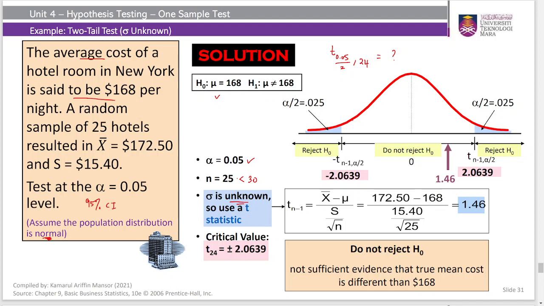Okay. So based on this information, you have to look for t 0.025 with 24 degrees of freedom from the table. And from the table, you get the value to be plus or minus 2.0639. So you have minus 2.0639 and then 2.0639 on the right hand side.